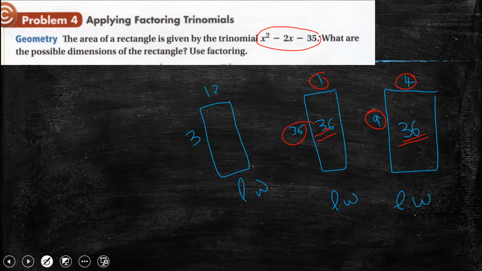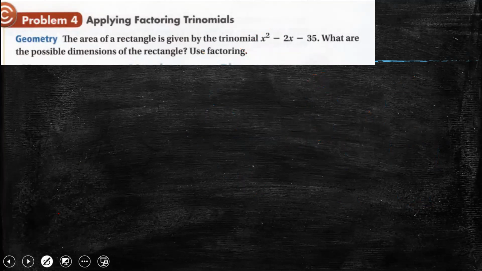I want you now to find all the possible dimensions. To write them, you have to use factoring, like how we factorized 36 as 4 and 9, and 1 and 36. Here also, we have to factorize the trinomial x squared minus 2x minus 35.